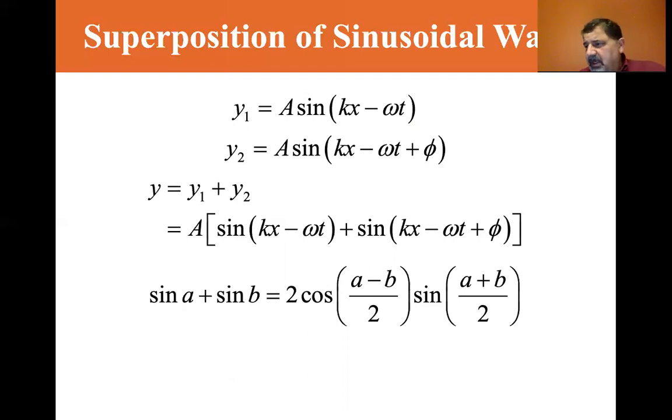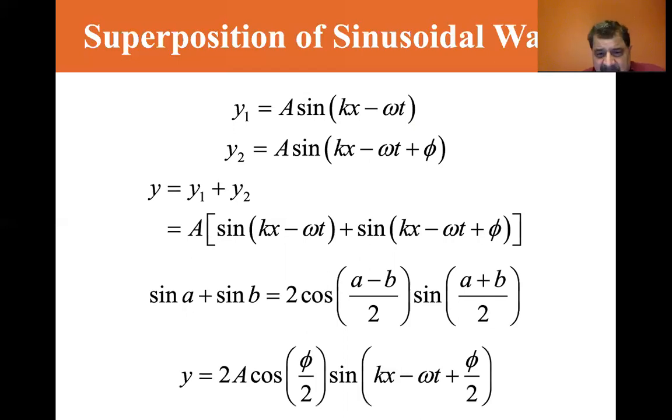If we let a equal kx minus omega t, and b equals kx minus omega t plus phi, then we get this particular equation, y equals 2a cosine phi over 2 sine kx minus omega t plus phi over 2. That comes from the a minus b and the a plus b.